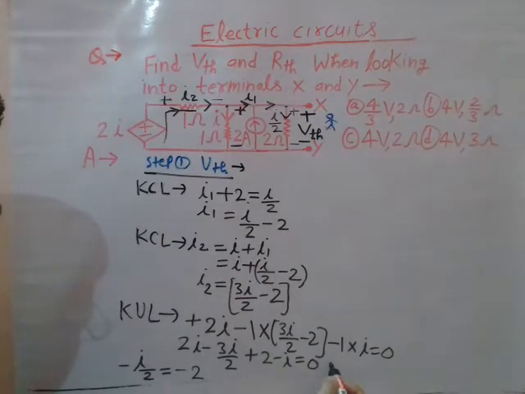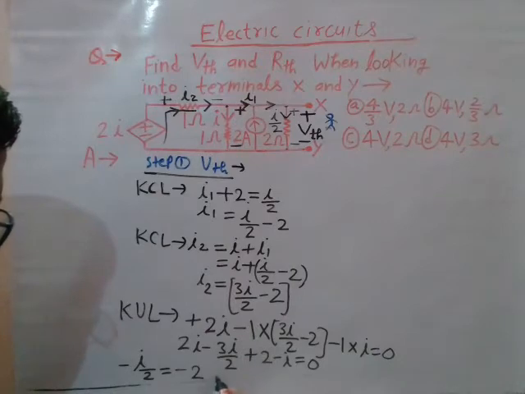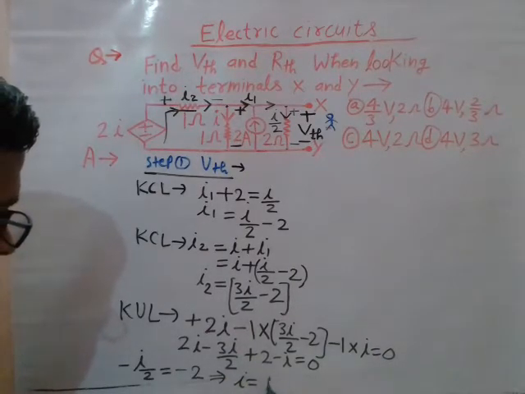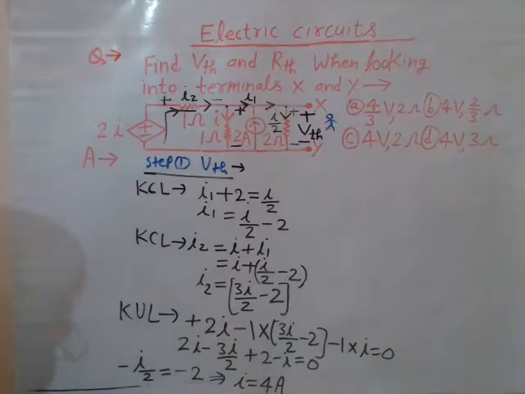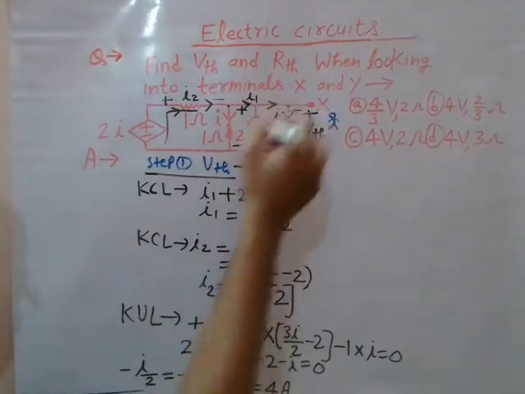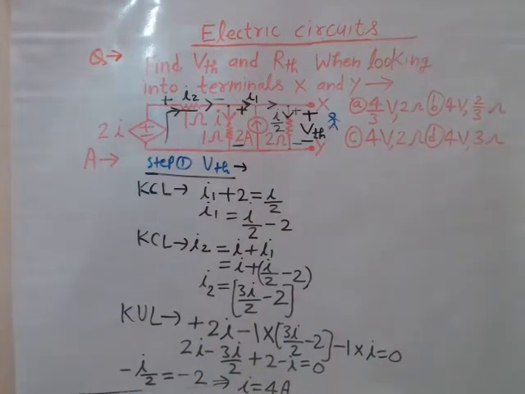Take 2 to the right hand side, minus 2. Minus I by 2 is equal to minus 2, or you can say your current I is equal to 4 ampere, right? You have now calculated this current, right? Current I is 4 ampere, right?